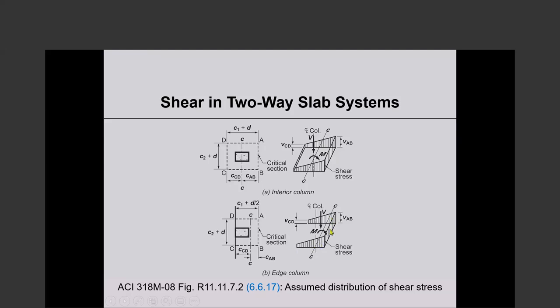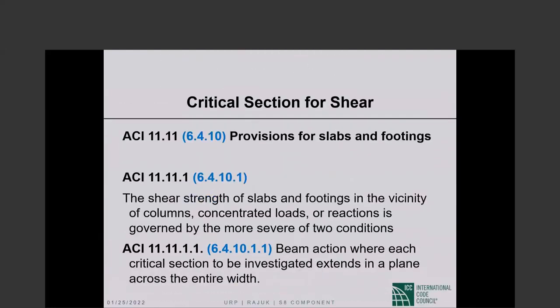So we end up with the stress distribution that you see in the figure. And this maximum stress on this face has to be within the stress carrying capacity of the concrete. Otherwise, we have to provide shear reinforcement and things like that.